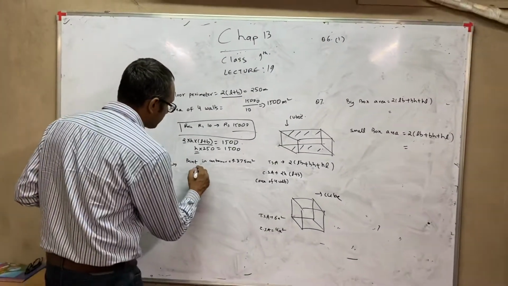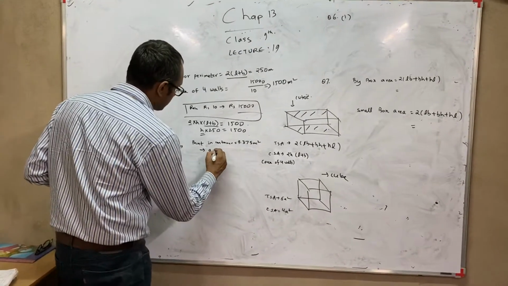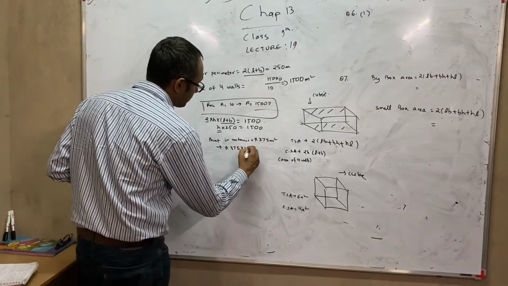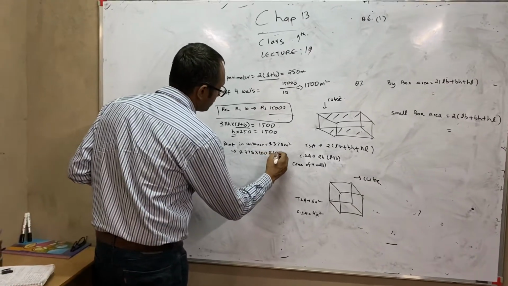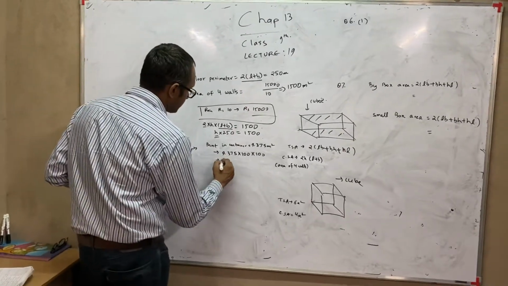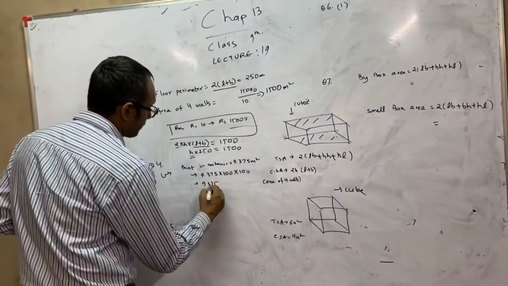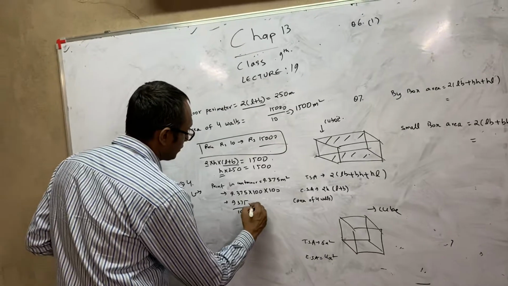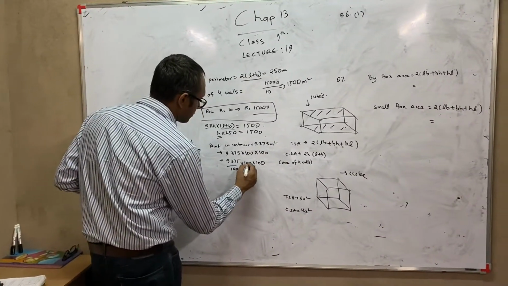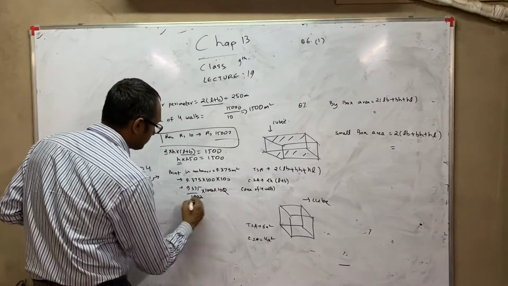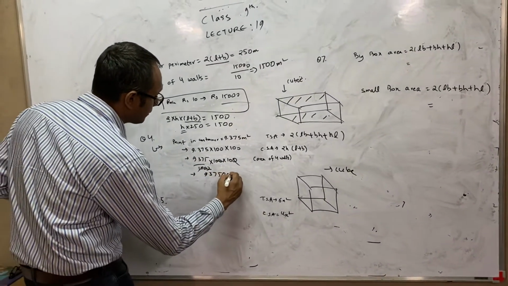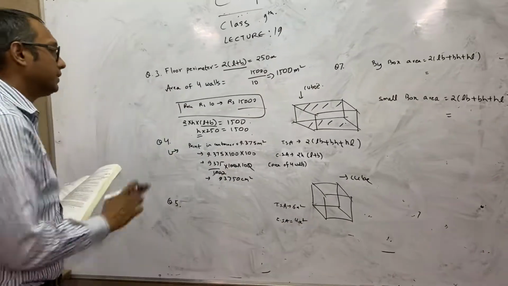As I told you the other day, since it is meter square, you will have to multiply twice by 100, into 100 and into 100, so it will be converted into centimeter square. So 9375 upon 1000 into 100 into 100, 2 zeros go here, 1 zero goes here. So basically it is 93750 centimeter square. This is the paint in the container.